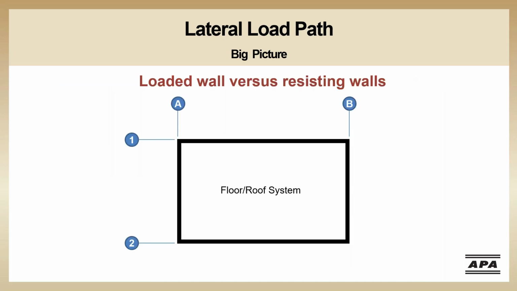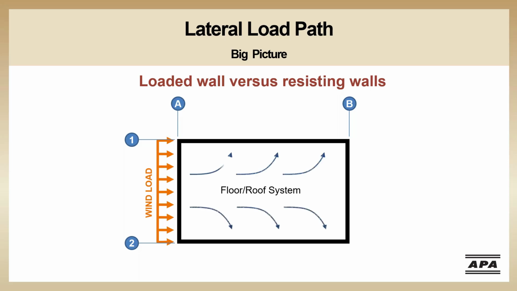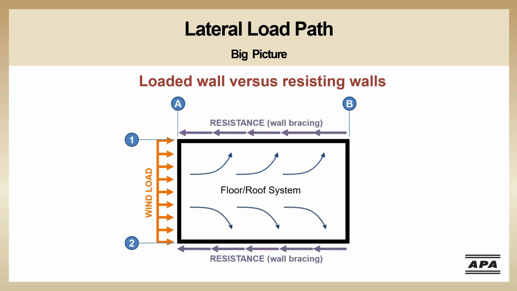For the next step, let's take a look at the house in plan view. Once the wind load has been transferred to the nearest roof or floor sheathing, the floor sheathing and framing act together as a floor system and transfer the wind load over to the sidewalls, which contain the bracing that resists the wind load.